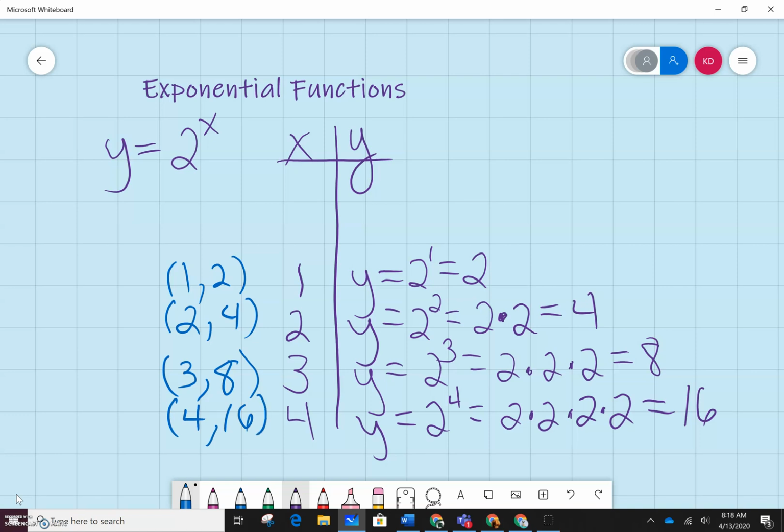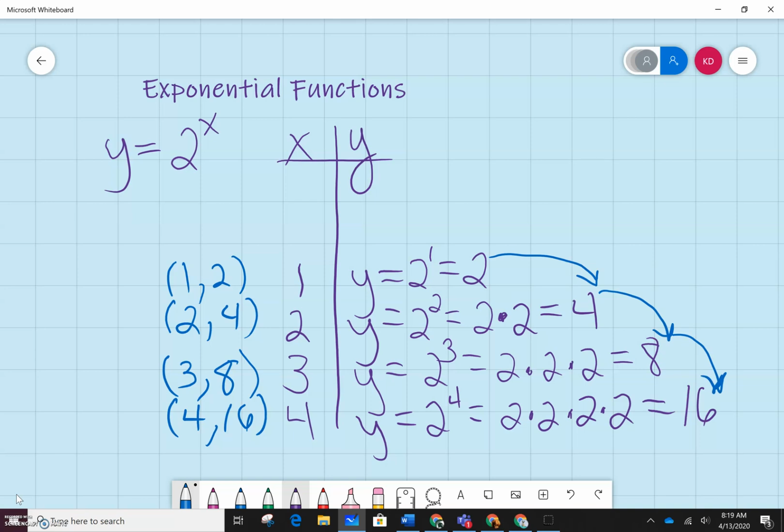Now something I'd like you to notice in this pattern is as the exponent increases, as you move from 1 to 4, what's happening is obviously you're multiplying by 2 one more time. So as you move in this direction, you're multiplying by 2.